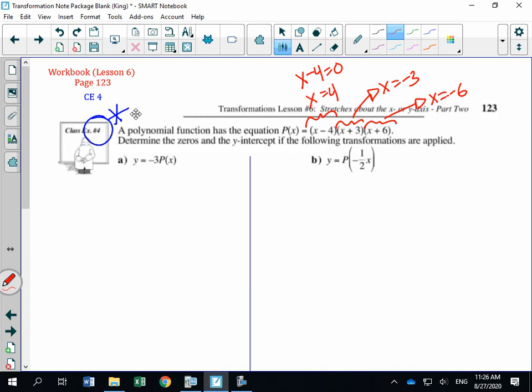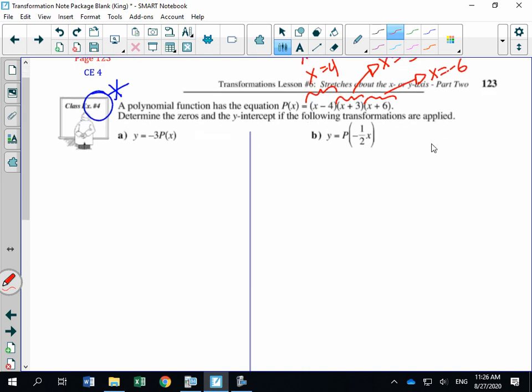A polynomial function has this equation. Determine the zeros and the y-intercept if the following transformations are applied. The first thing I want to do is write the zeros of the original function. Another word for zeros is x-intercepts, so it's what we just talked about.